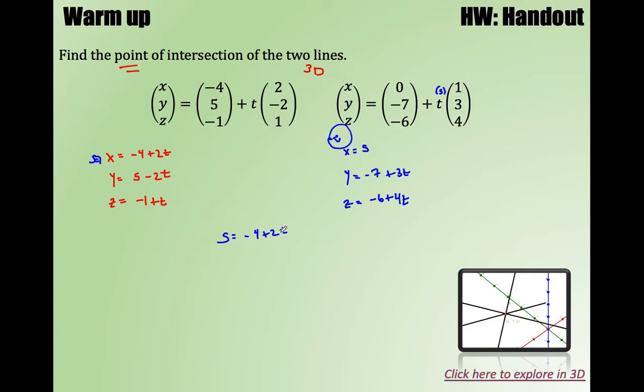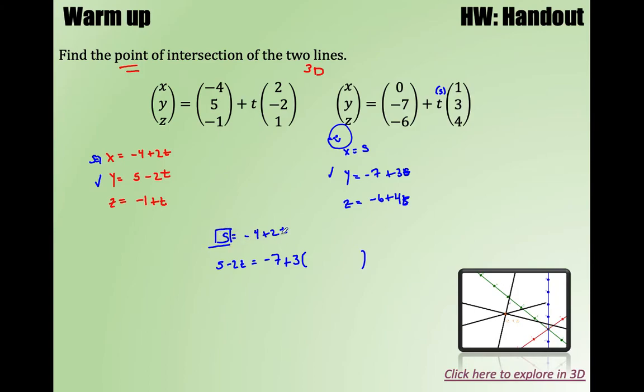Then I'm going to go to the next equation here, the two y equations, and say 5 minus 2t must be the same as -7 plus, oh gosh darn it, I forgot my s's up here. -7 plus 3s, but I have s now defined in terms of t, don't I?